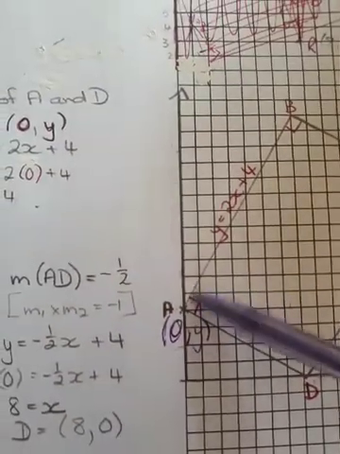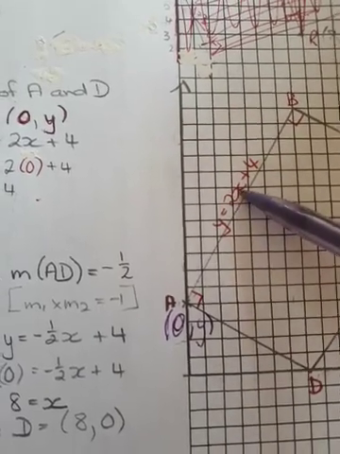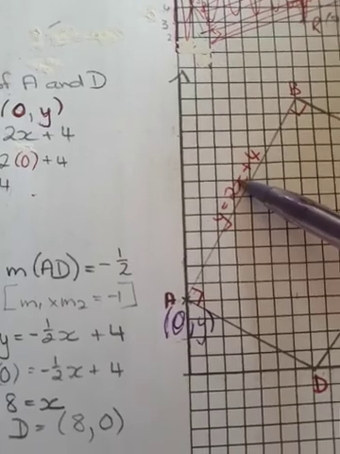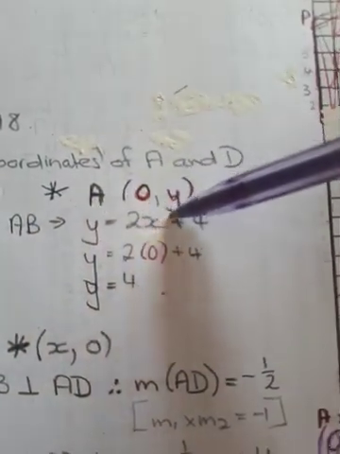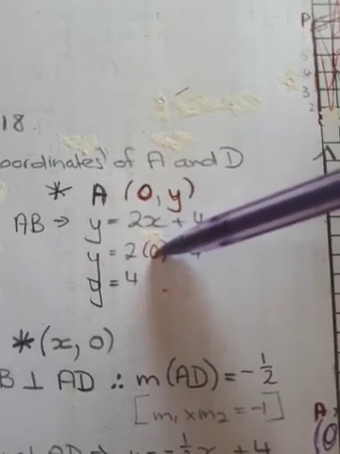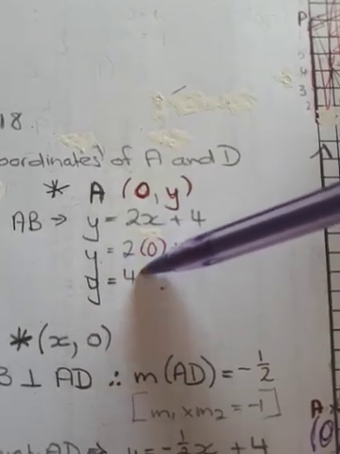A is also a point on the line y equals 2x plus 4, which means you can simply put the x, which is 0, into the x there. So you take your equation y equals 2x plus 4, substitute your 0 into the x, and then calculate your y.